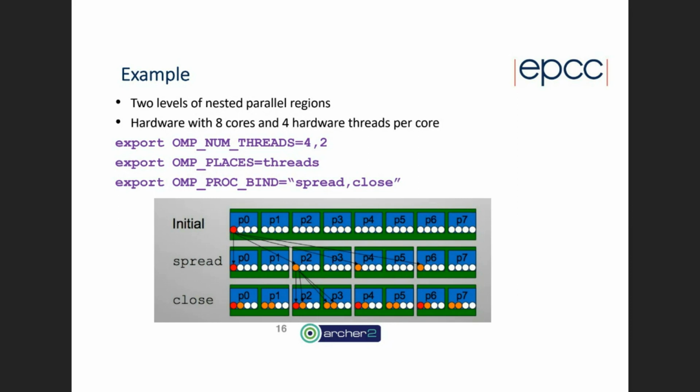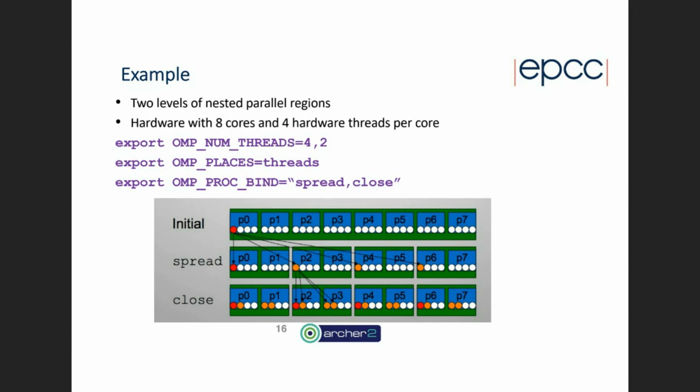In this case, I've got 2 threads for each of these inner parallel regions, and what I will end up with is 2 on each of these pairs of cores.